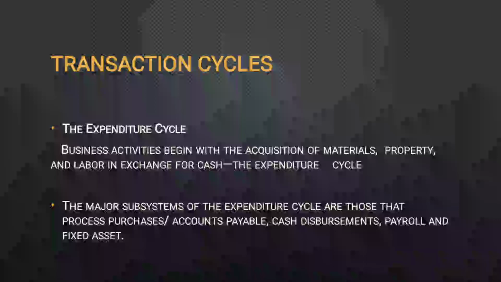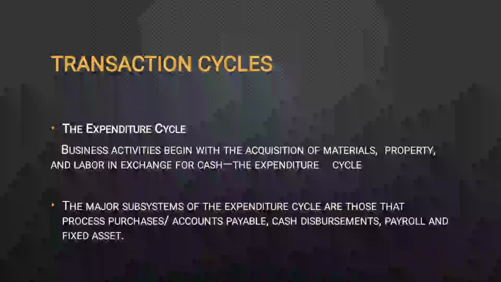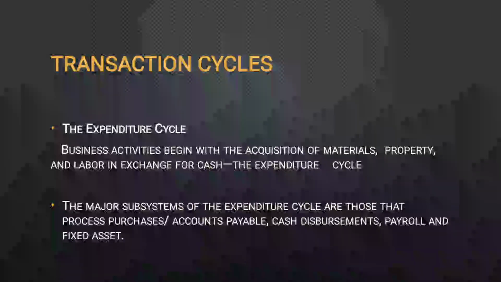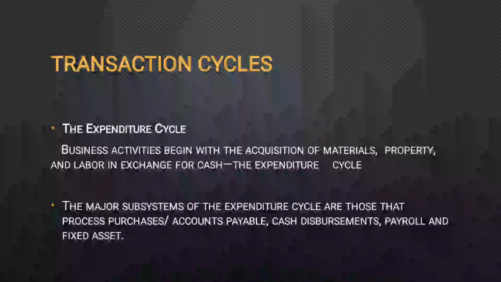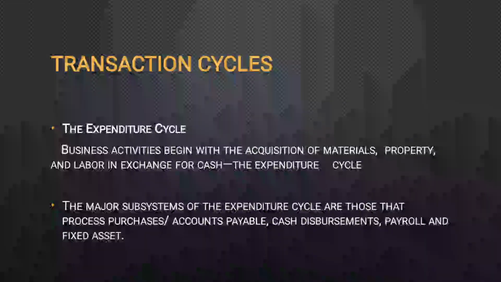So, pumapasok din dito yung payment sa goods and services. So, yung mga activity na yun, include dito yung purchasing activities, receipts of goods, tapos yung payment doon sa supplier. So, the major subsystems of the expenditure cycle are those that process purchases, accounts payable, cash disbursement, payroll, and fixed assets.